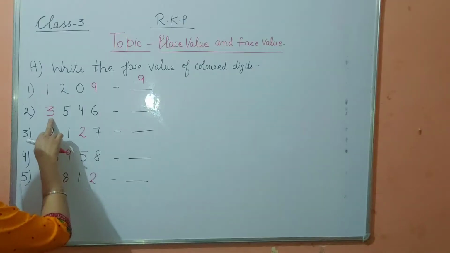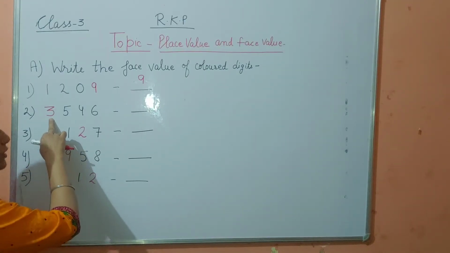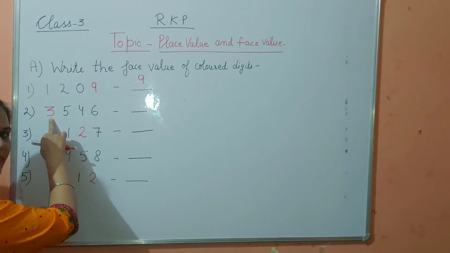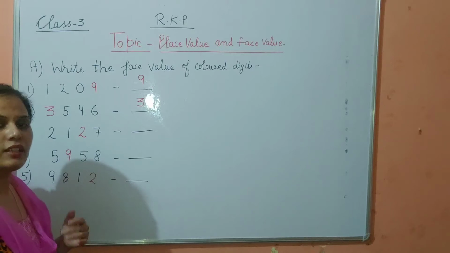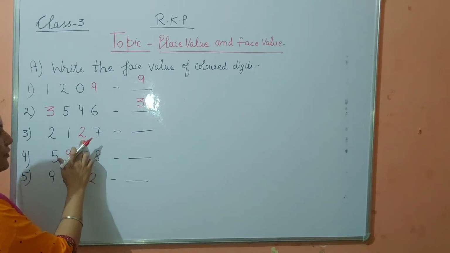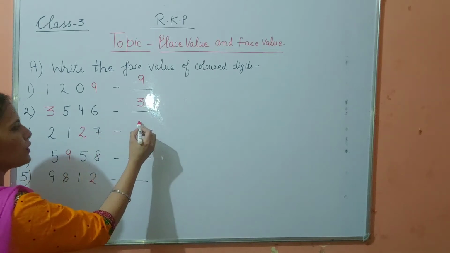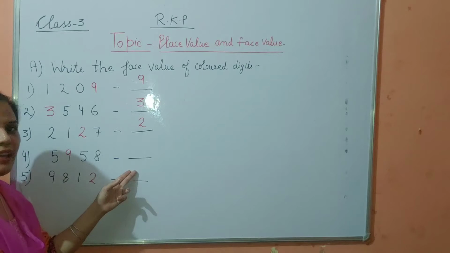Similarly, 3 is present at 1000 place, but we don't need to know the position. We just write the number. This will be the face value of the digit in the given number. So what will be its face value? Its face value will be 2. Similarly, you can do these questions by yourself.